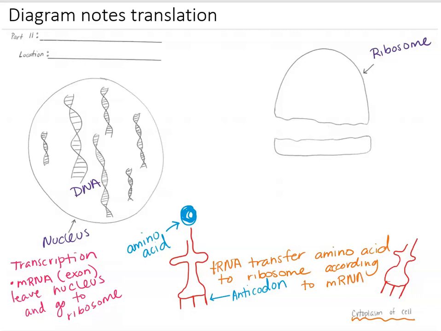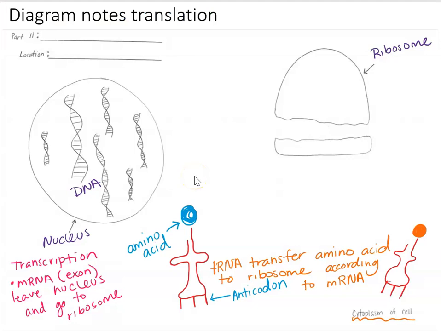Remember, the mRNA got its message or instructions from DNA. So it's going to carry them to the ribosome, and we'll see what that looks like. And each one has a different amino acid, so we'll draw another one there. So in the ribosome, in order to form this complex of both subunits together, the mRNA is going to attach to our small ribosomal subunit. So we'll draw our tRNA, which will transfer the correct amino acid according to the mRNA to the ribosome.